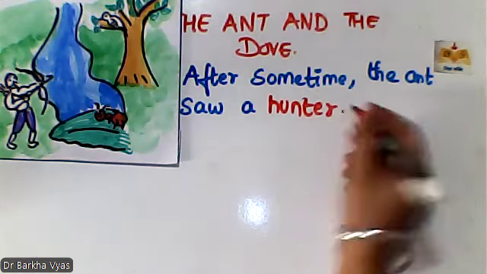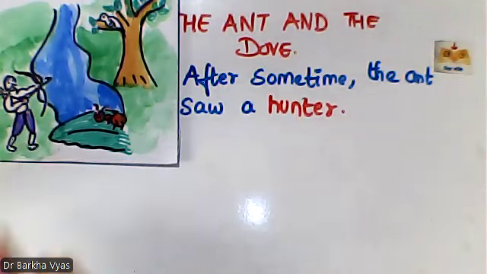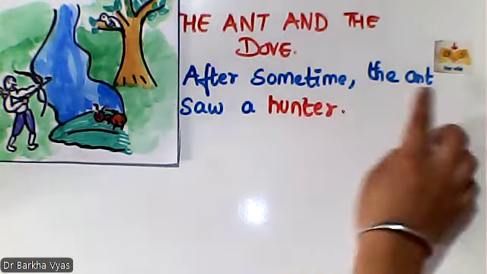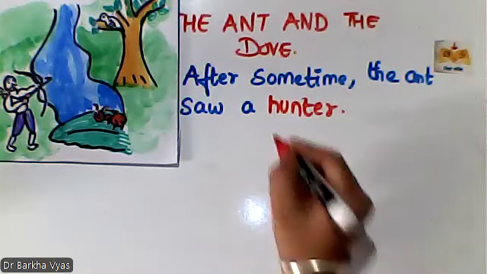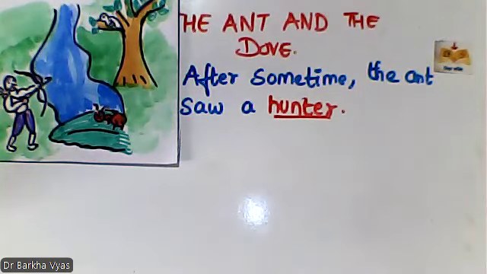What was the hunter का मतलब क्या है? चित्र देख के आपको पता चलना चाहिए. Hunter माने शिकारी. What does the hunter mean? Hunter means शिकारी. So, after some time, the ant saw a hunter. Oh my God, what is the hunter going to do?